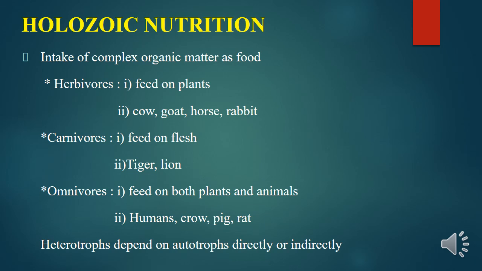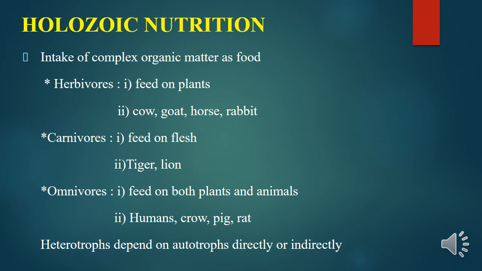So heterotrophs depend on autotrophs directly or indirectly. Why do we talk about direct and indirect? Because heterotrophs are those which cannot prepare their own food, they depend on others.